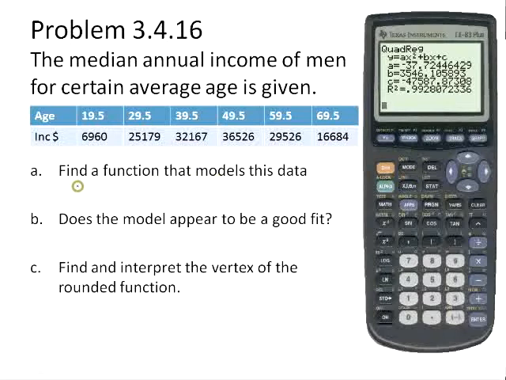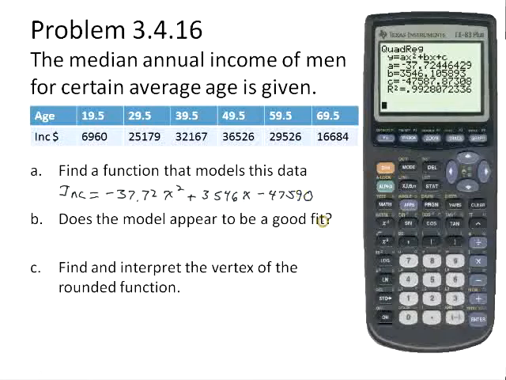We have a model where the income is going to be equal to negative 37.72 times x squared, plus 3,546 times x, minus 47,590, rounding this off to 4 significant digits. That's going to be my model.